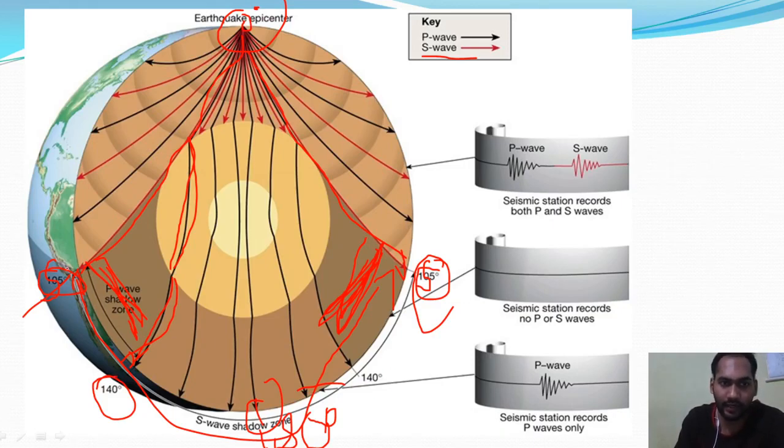Similarly on either side, you can take 103 to 143 or 105 to 143, and for the S wave that is 103 to 103 or 105 to 105 on either side. So this is the concept of shadow zone.